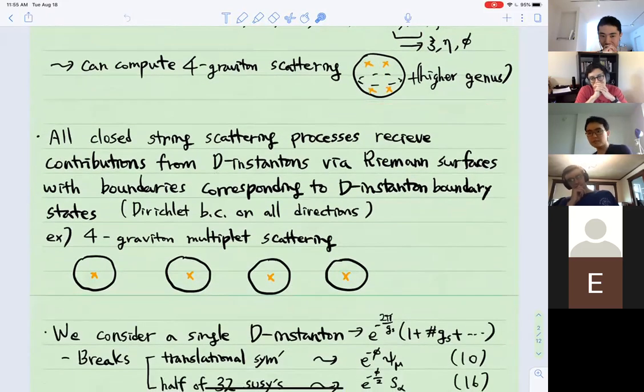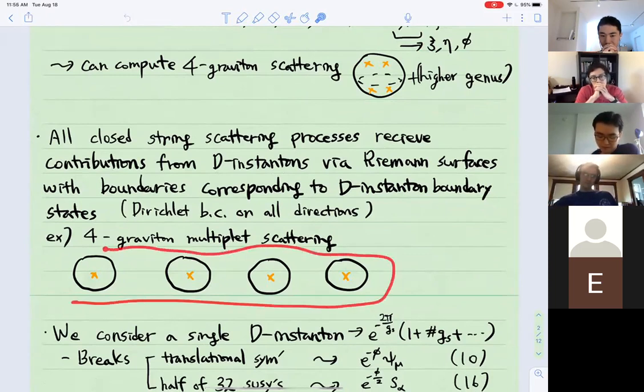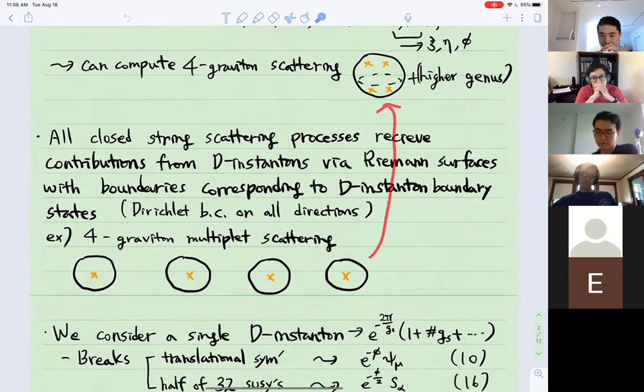But as Victor mentioned, now if we introduce the instanton boundary condition, which is Dirichlet in all space-time directions, all closed string scattering processes receive contributions from such diagrams involving the instanton boundary condition. And here is such an example. This seemingly disconnected piece is a correction on top of this tree level thing.